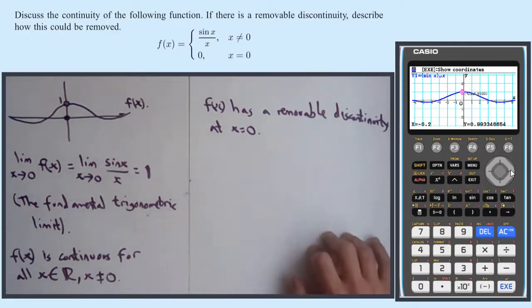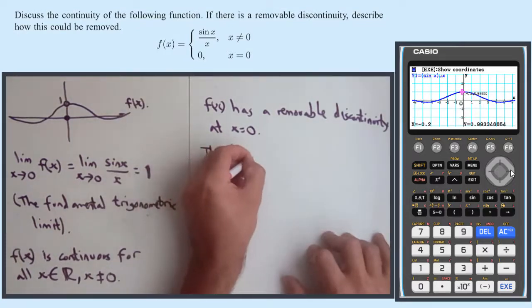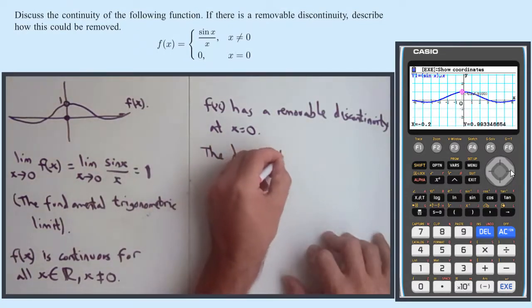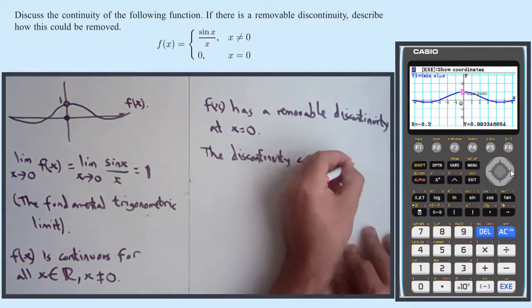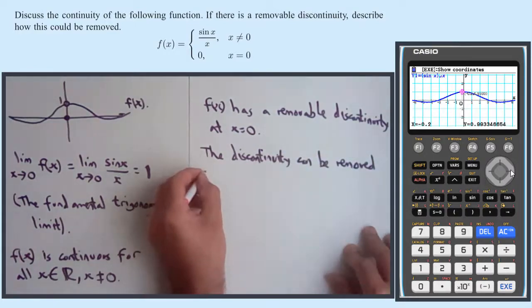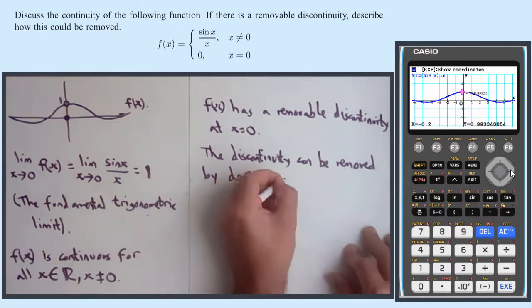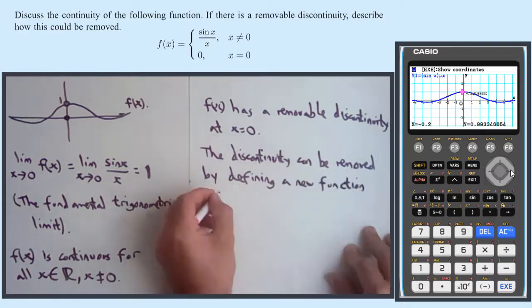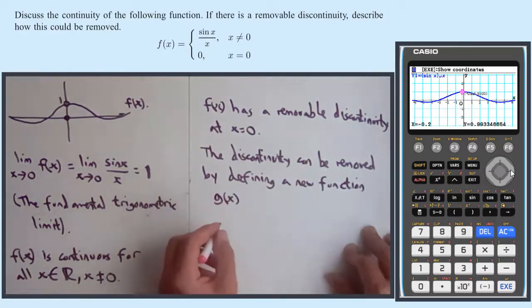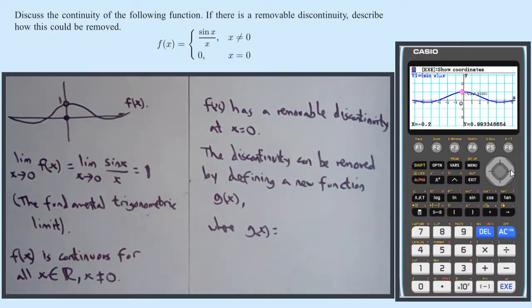So we're going to define a new function. The discontinuity can be removed by defining a new function g of x, where g of x equals, so we're still going to use the piecewise things.